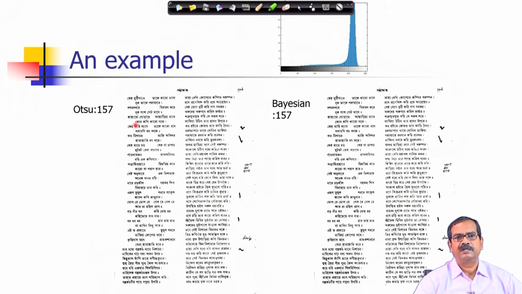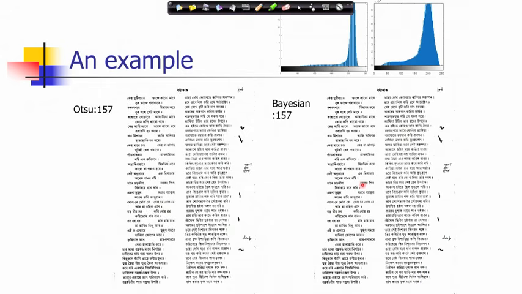Incidentally, though the threshold values are the same, you can see a little bit of difference between these two images, though the quality of the two images is almost similar. This difference happens because we would like to make the histogram bimodal. So, before applying Bayesian classification, we processed the image so that the histogram has sharper modes in the foreground zone. How we process it, I will discuss in the next part.